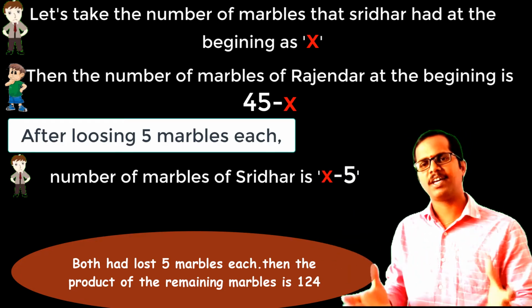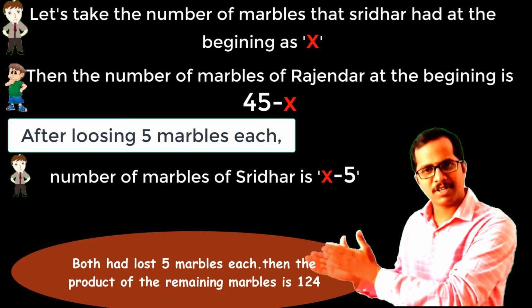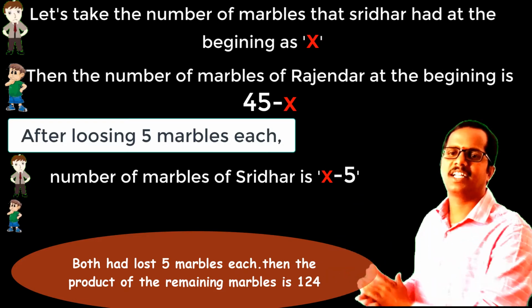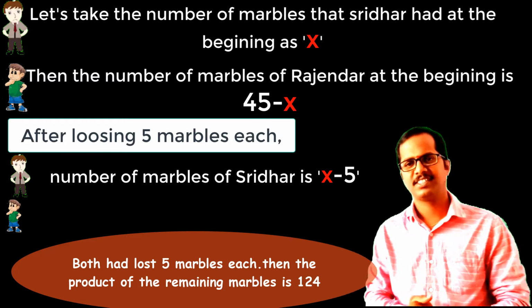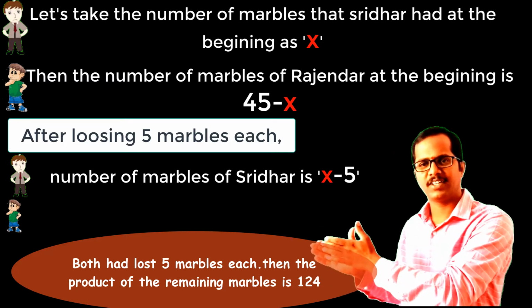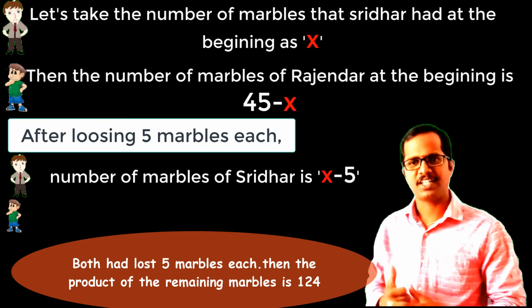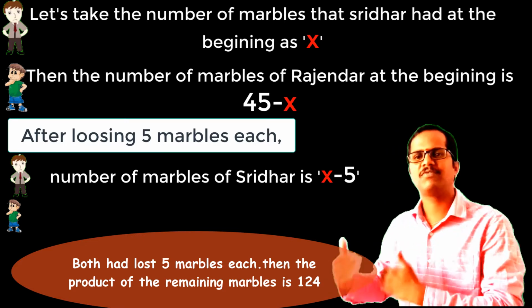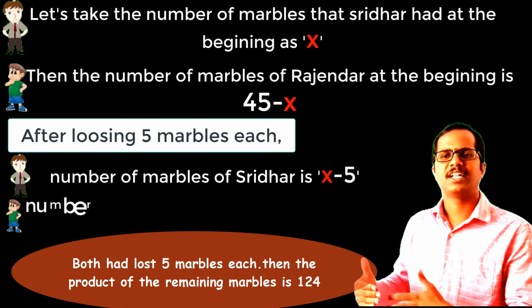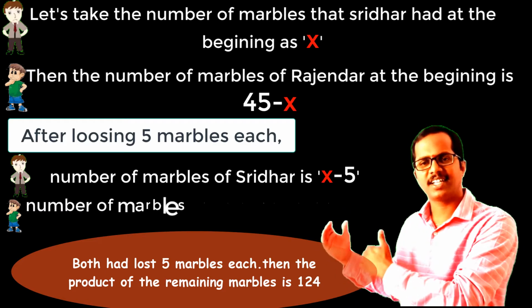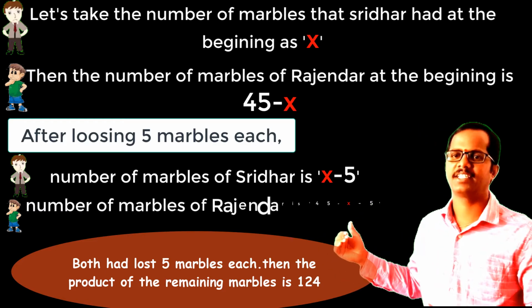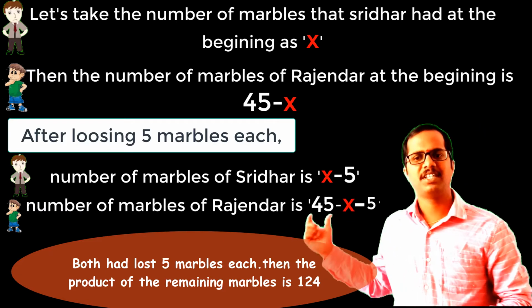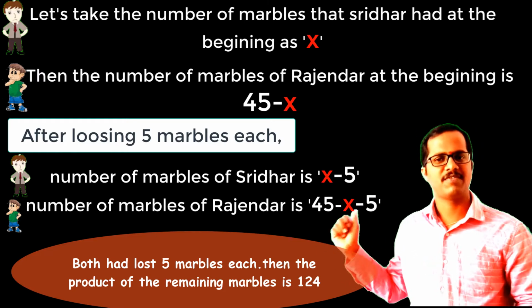Now similarly, how many marbles did Rajendra have after losing 5 marbles? Before losing the 5 marbles, Rajendra had 45 minus x. After losing 5 marbles, the number of marbles that Rajendra had is 45 minus x minus 5. And if we simplify this, 45 minus 5 we get 40.